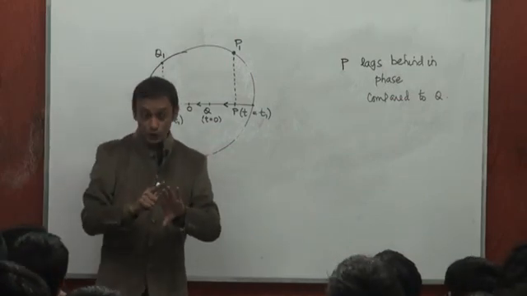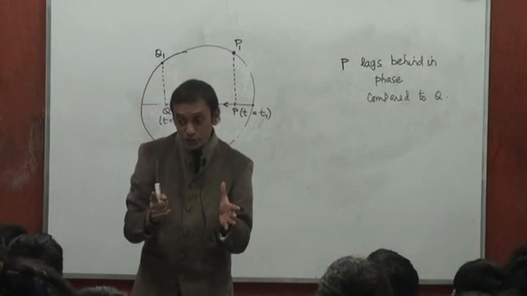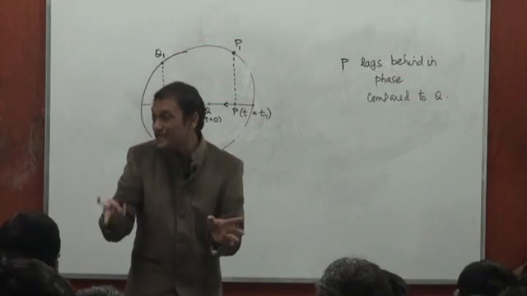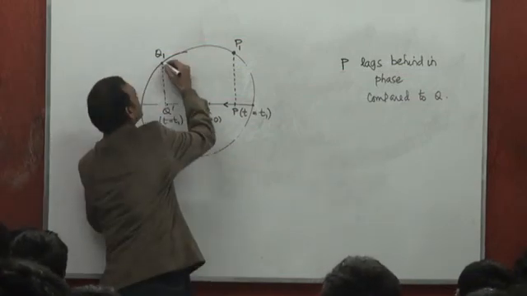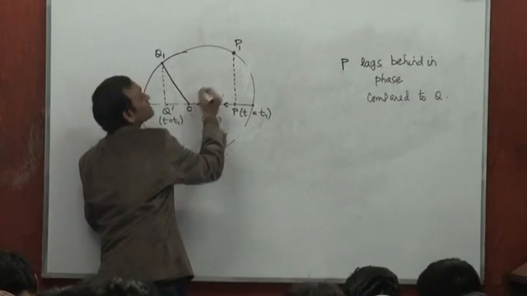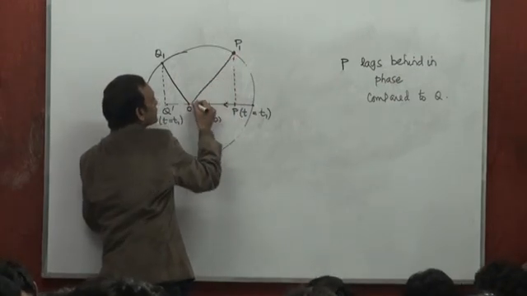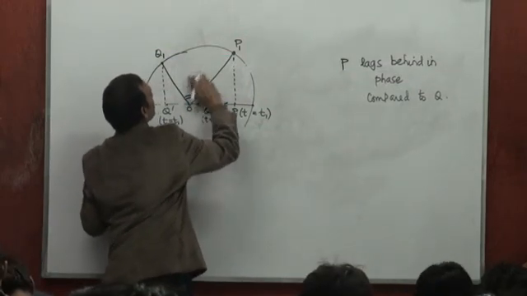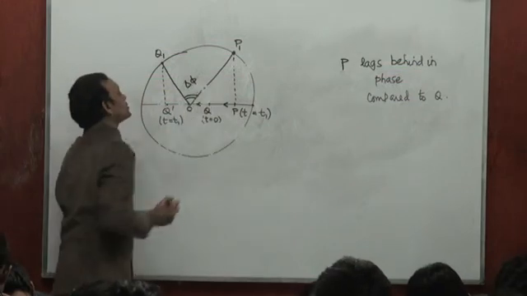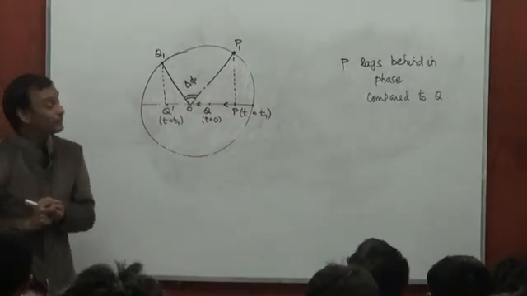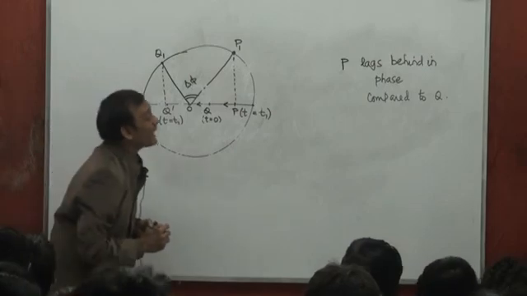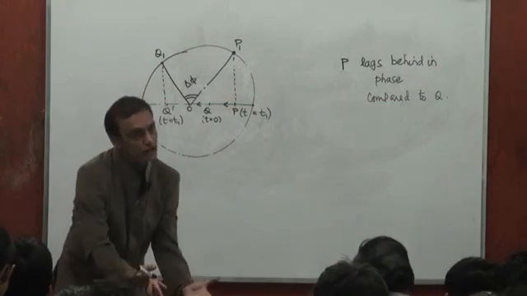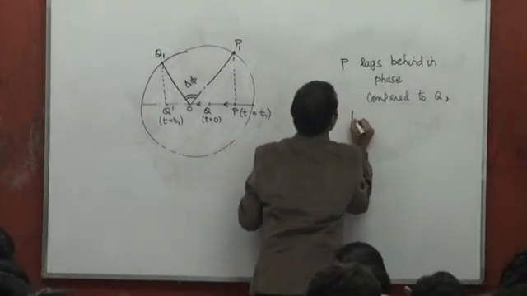If I have to compare the phase difference between two oscillators, then I look at the phase difference at the same instant of time. The phase difference at t equal to t1 is delta phi. So we say that P lags behind in phase compared to Q by an amount delta phi.